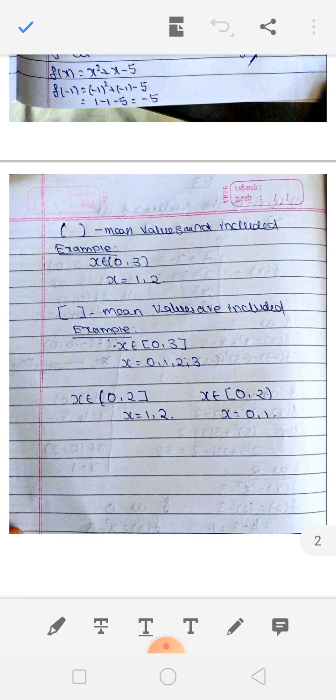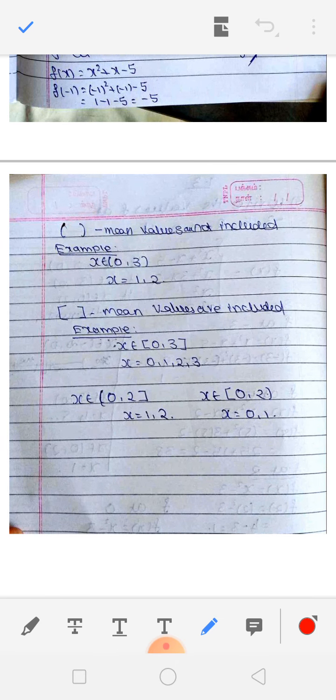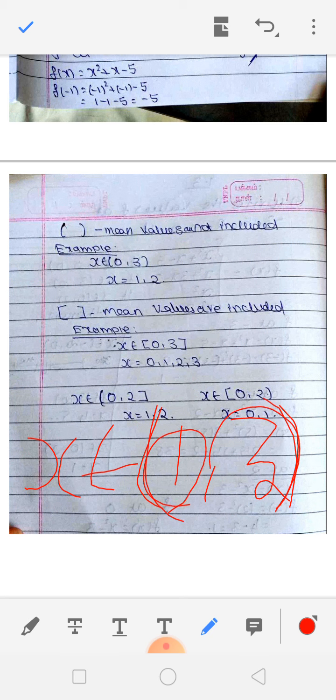So don't forget, open bracket means the endpoint values inside this interval are not included. Close bracket means the values are included. For example, x belonging to open 1 comma 3, which means 1 and 3 are not included, so the x value is just 2 only.